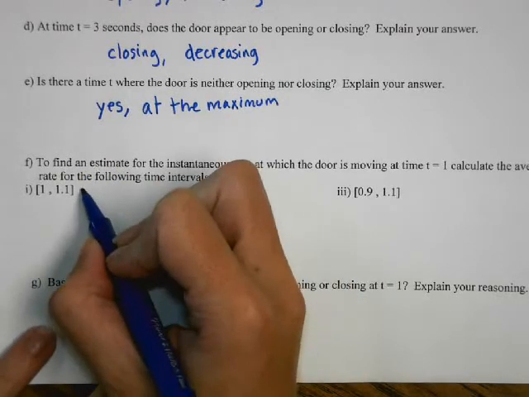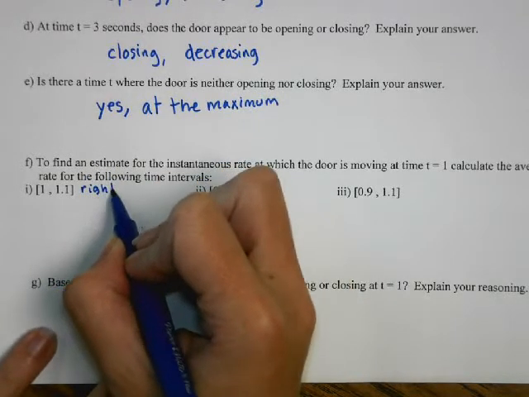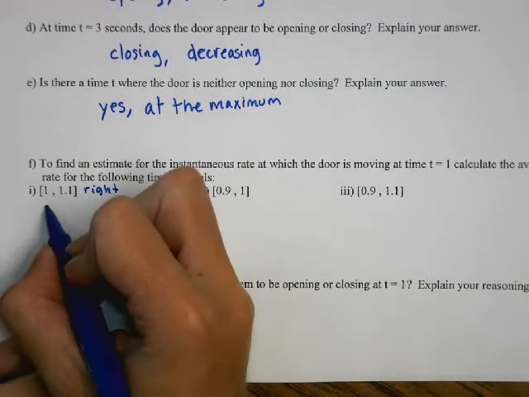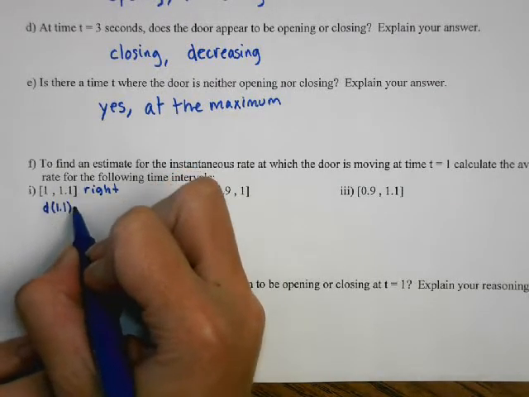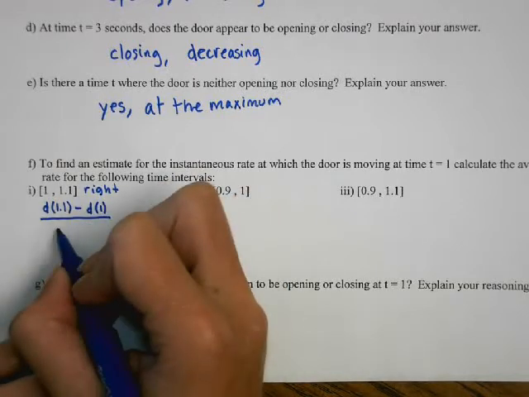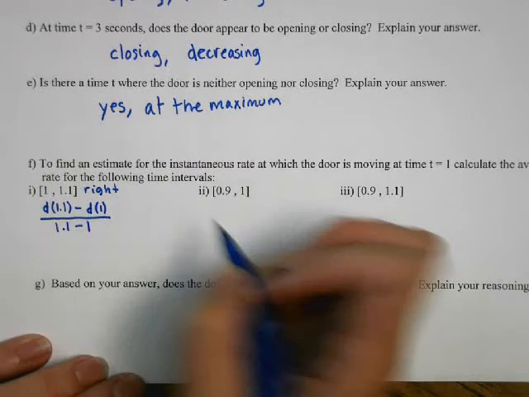So this first one is a right-hand estimate because we're doing the value we want and a value a little bit bigger. So we're going to look at the slope because that's the rate at which it's changing. So we're going to look at d of 1.1 minus d of 1 over 1.1 minus 1.